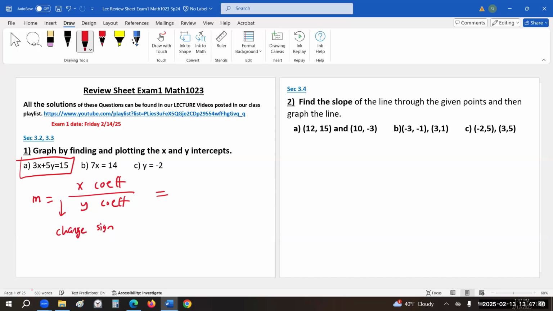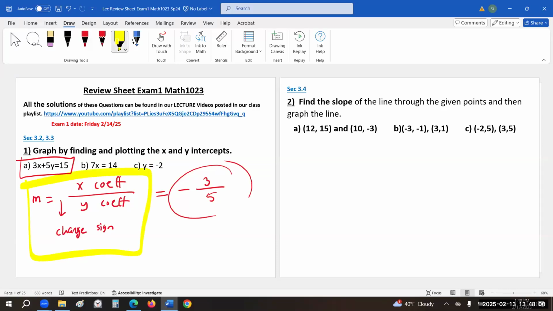So if you do that, what's the coefficient for x? Coefficient for y? And then if you change the sign, it becomes negative. As long as you show me your shortcut, like the x coefficient over the y coefficient, I'll count this as a one.